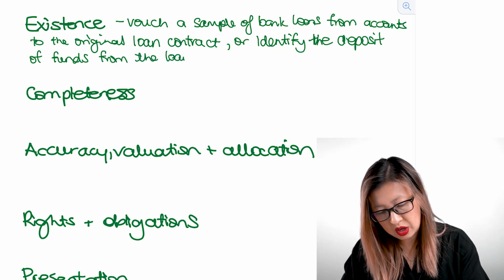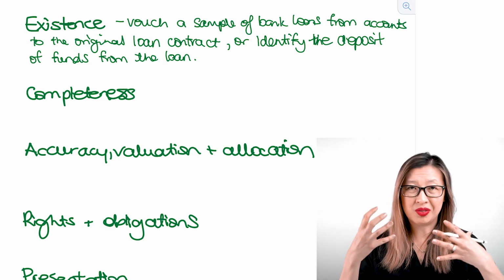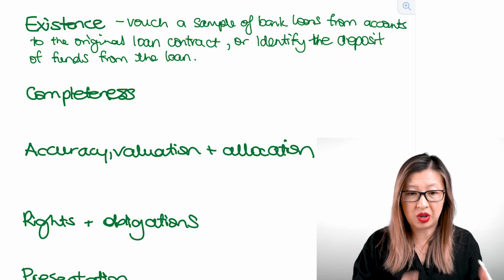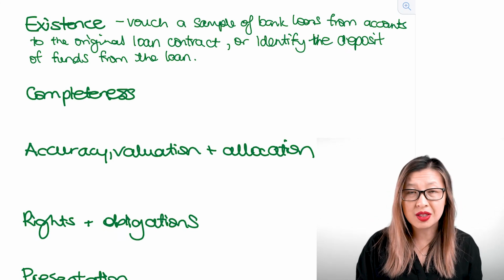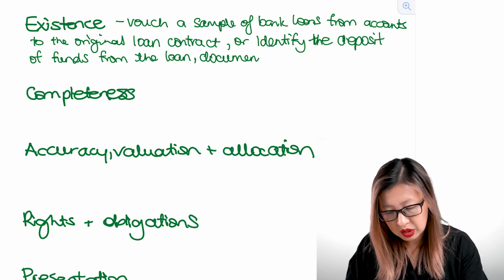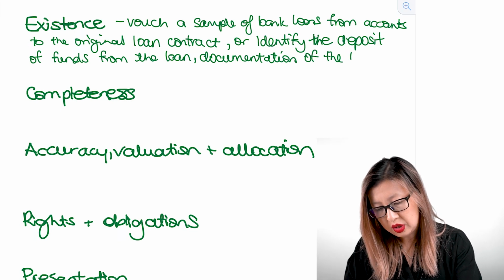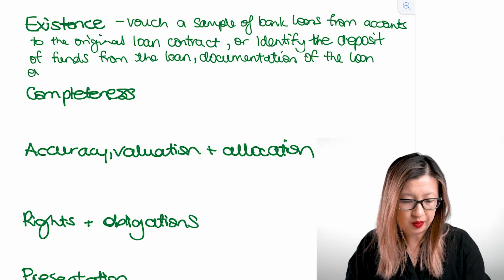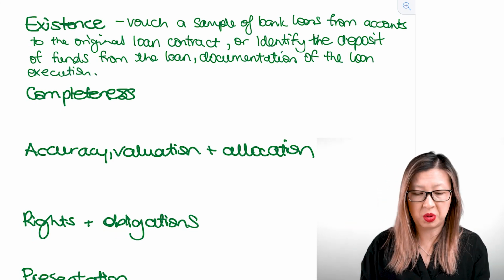All right, so if we said, oh look, we're borrowing to build a new factory, then the bank would have given us the $5 million, put it into our bank account. So can we identify the deposit of funds from that loan or any documentation of the loan execution? All right. So there should be something that we could get from the bank.